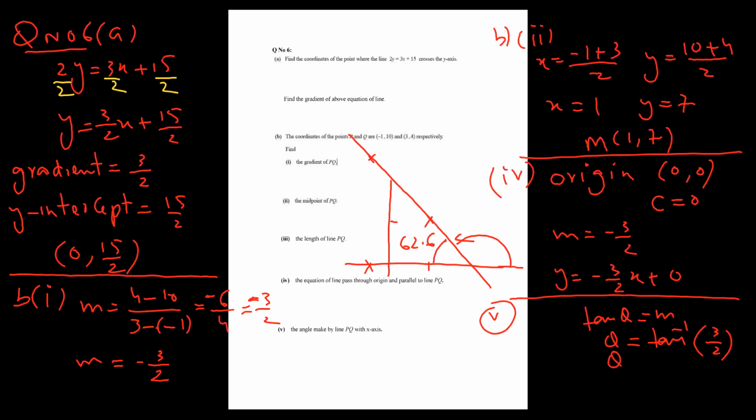So theta is 62.6. But is that our answer? No. So the angle between the line and the x-axis is 180 minus 62.6. You ask the reason, sir? Because every time we have to start from the positive x-axis.